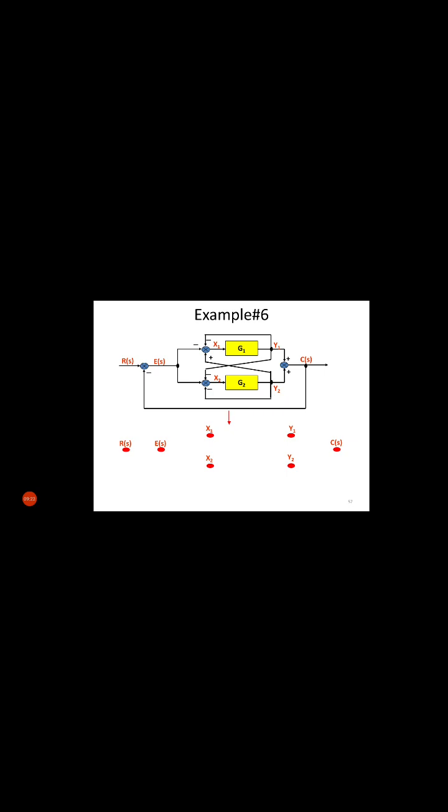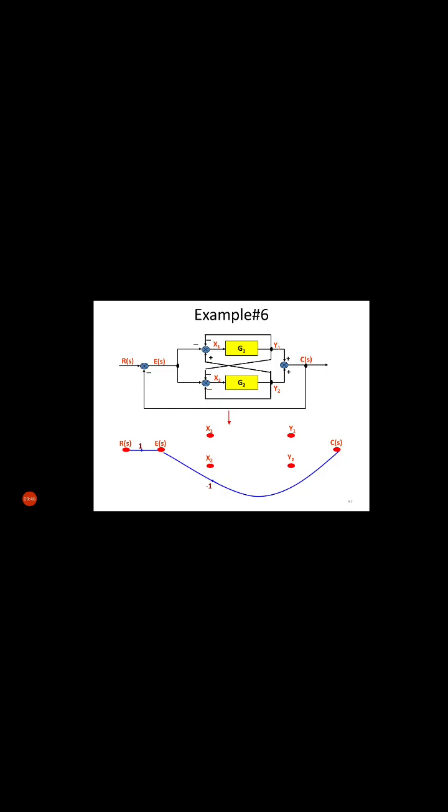Okay, so now we connect these nodes. So see how they are connected. Okay, so E(s) is a combination of R(s). In E(s), one signal is coming from R(s) and another one is coming from C(s).